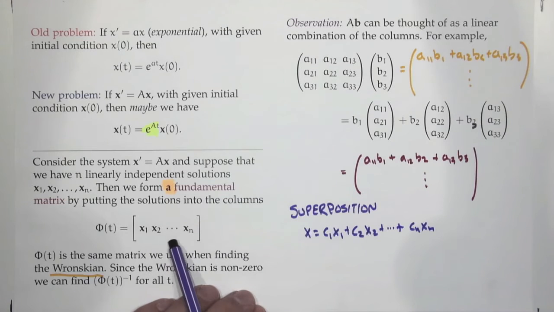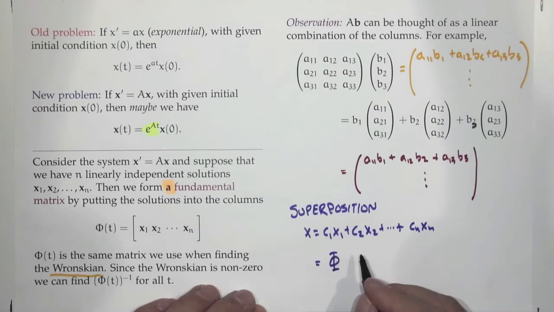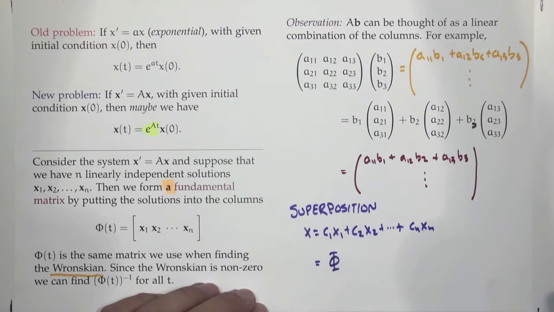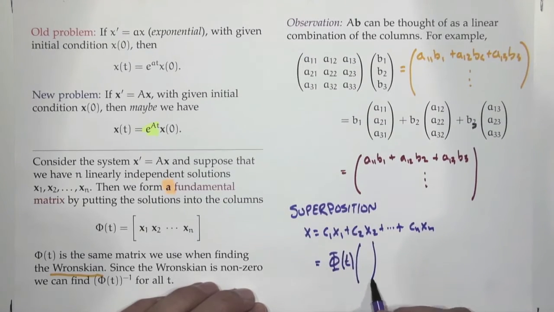My columns of phi are these vectors here. This becomes phi of t, and then what's the vector that goes here?